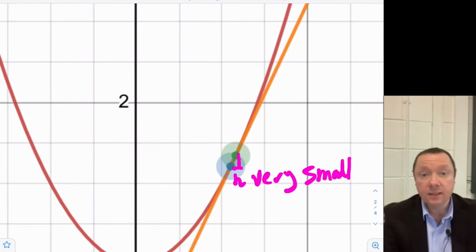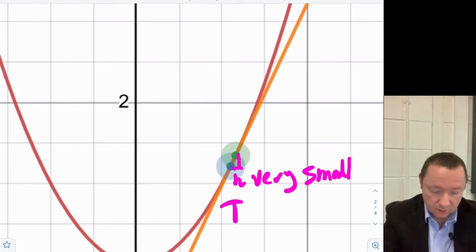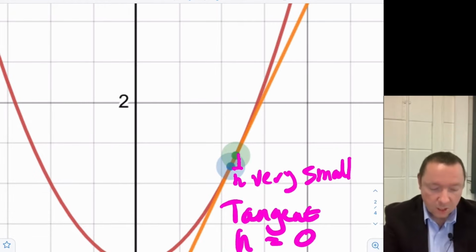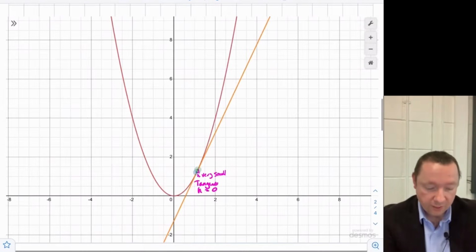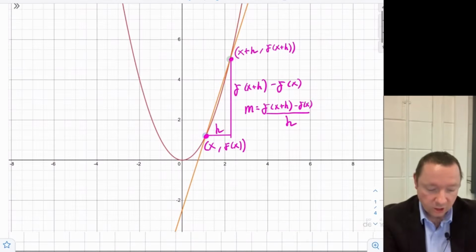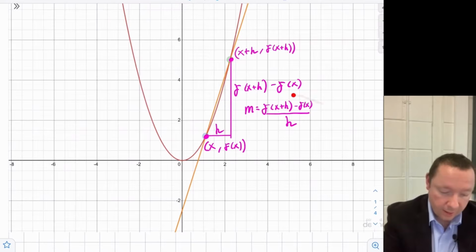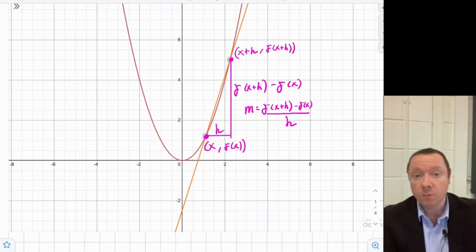In fact, when they're touching, when it's actually a tangent, h would equal 0. So we've now essentially got a definition for differentiation. Differentiation is a gradient as h goes to 0. So as h approaches 0, the limit as h goes to 0.